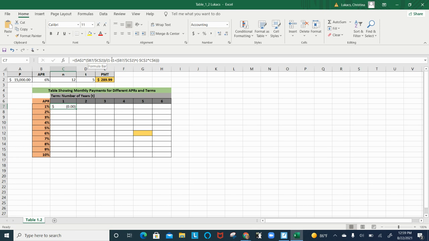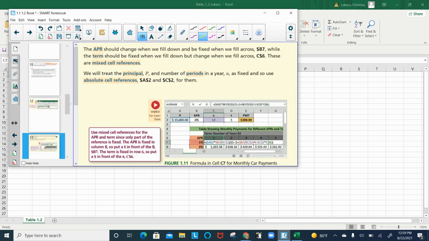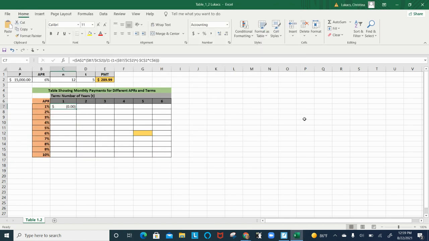Divided by 1 minus 1 plus $B7, C2. Now, if it makes anybody feel any better, I could take these out. It's possible that with the parentheses, that's where I made my mistake.